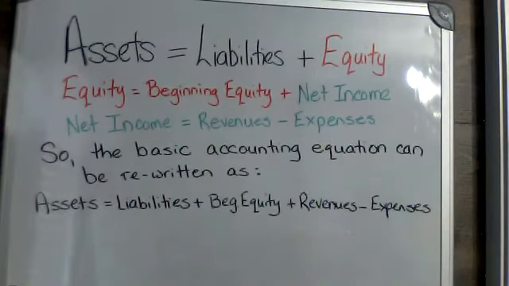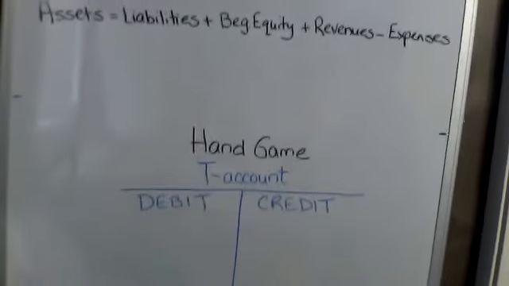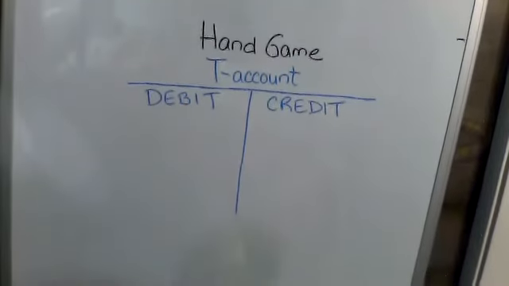In the hand game, we assign each of the parts of the accounting equation to our fingers on each of our hands. And each hand corresponds to a side of the T account.